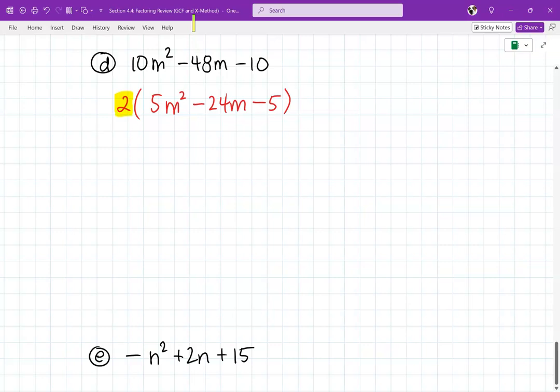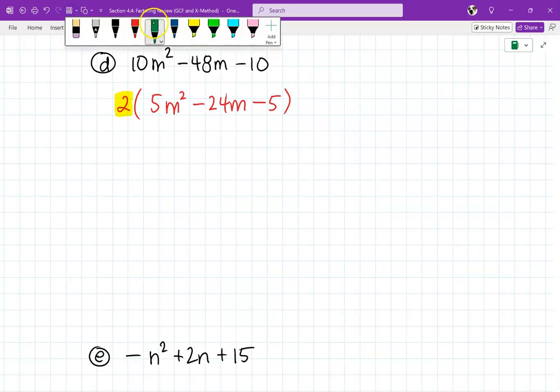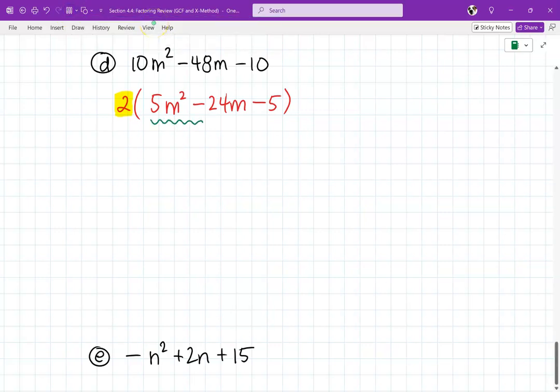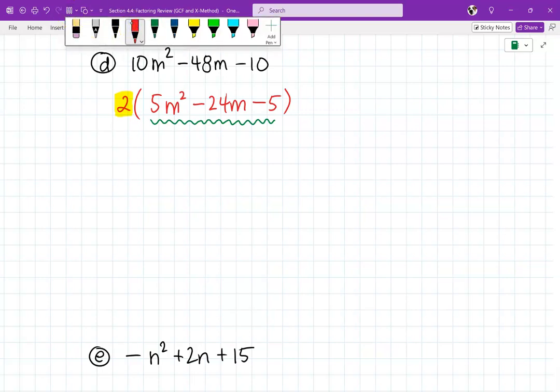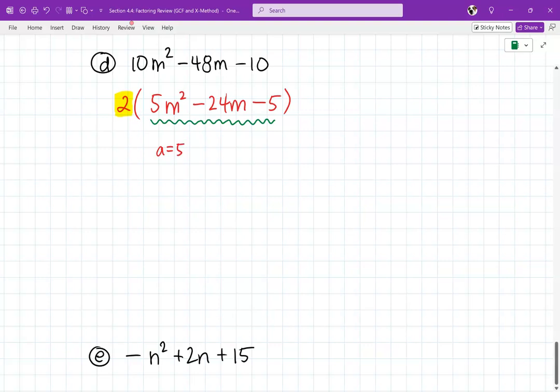A lot of people tend to forget about it. Whenever you factor first, they'll put their answer and forget about that extra 2 that's hanging out by itself. Because we're going to focus on this part right here only right now. So, what are my A, B, and C in this case? A would be 5, B would be negative 24, and C would be negative 5.